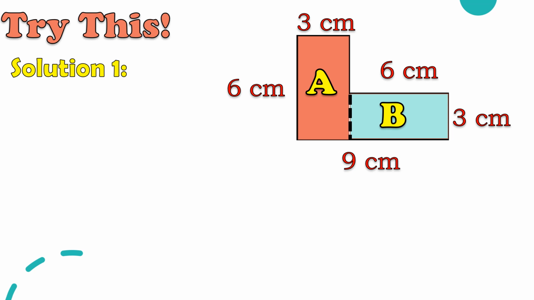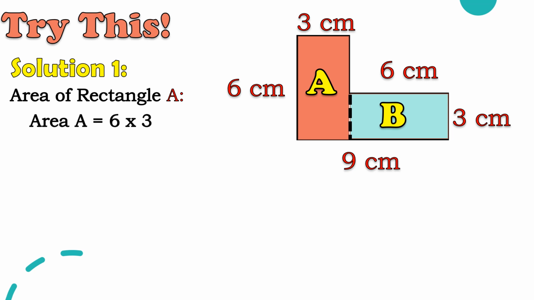Now, unahin natin ang rectangle A. So, area is equal to length times width. So, 6 times 3. Area A is equal to 6 times 3 is 18 centimeters squared or squared centimeter.